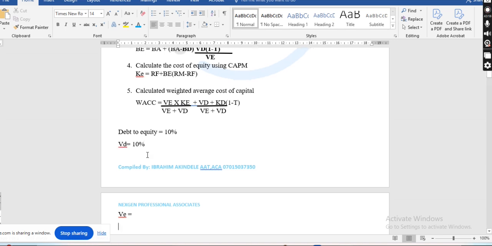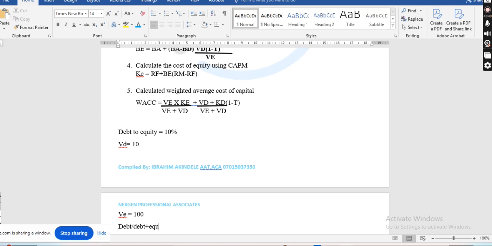This is 10, right? So this will be 10, while this will be 100. Now, in all those tests they will give 10, 90, 10. This is the situation when you have debt divided by debt plus equity.